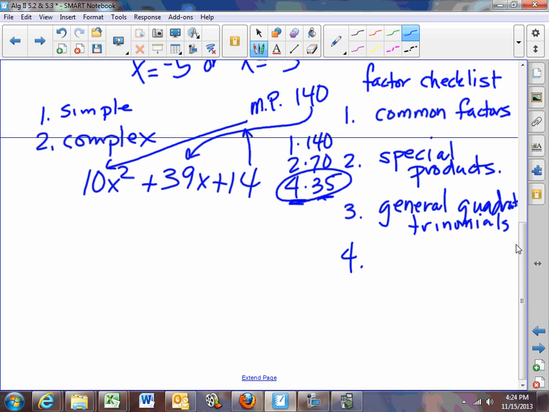In other words, this polynomial becomes 10x squared plus 4x plus 35x plus 14. Now notice that 4x plus 35x is 39x. But what we've done is we've written it as 2 terms.